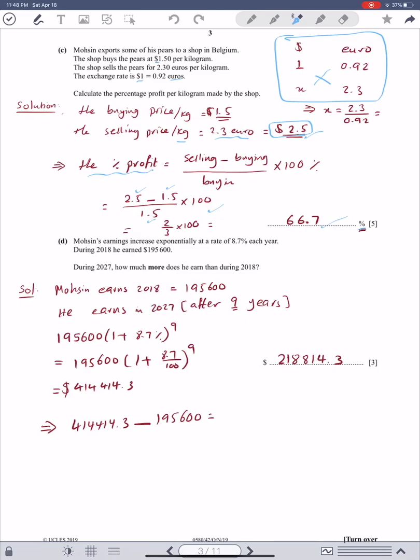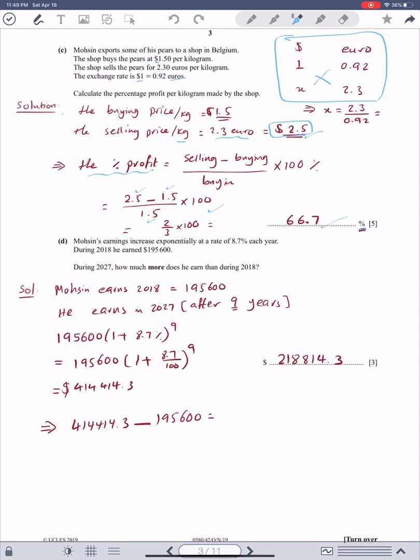The last part of this question. Mohsen's earnings increase exponentially at a rate of 8.7% each year. During 2018, he earned $195,600. During 2027, how much more does he earn than during 2018?